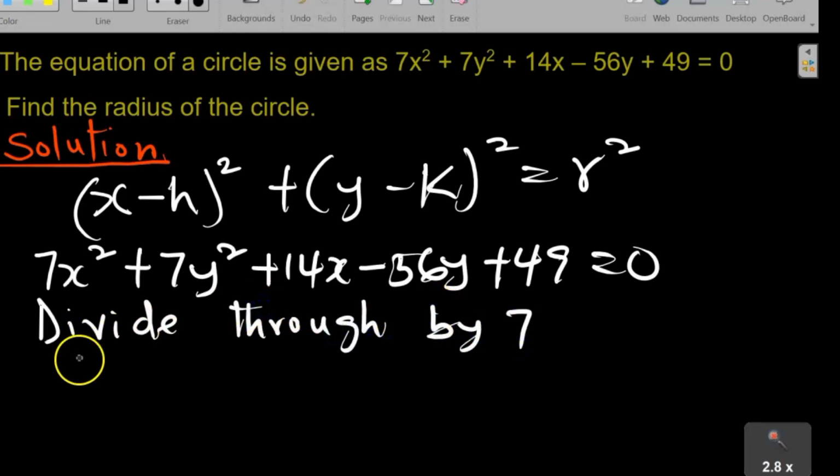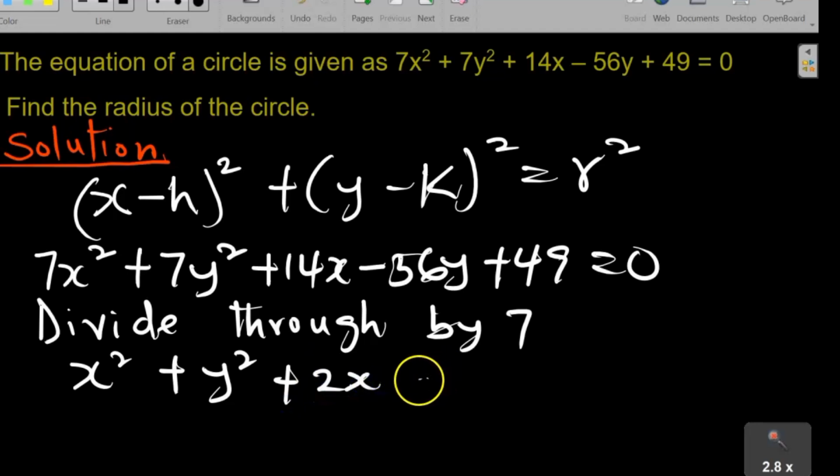So we have x² plus y² plus 2x minus 8y is equal to, I'm moving 49 to the other side, minus 7. I've divided through by 7 and moved the constant to the other side of the equation.